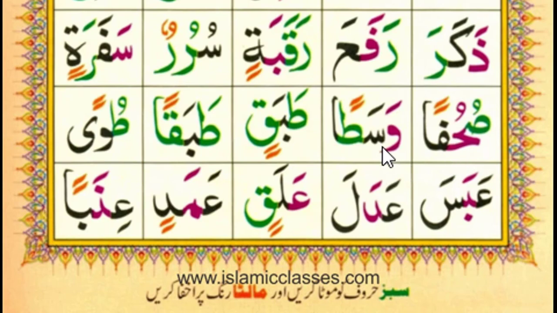Waw, Fatha, Wa, Sin, Fatha, Sa, Wasa, Ta, double Fatha, Tan, Wasatan. Ta, Fatha, Ta, Ba, Fatha, Ba, Taba, Qaf, double Kasratin, Tabaqin.